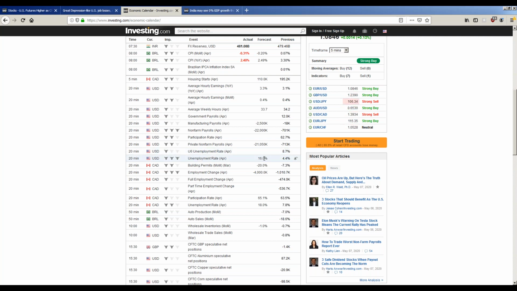And some say the truth of it could be much higher because, as I was saying, unemployment claims, a lot of them maybe haven't been processed. So even if the number comes in at 16%, maybe the true number is still much higher than that. Some estimates say 20 to 30% of the population is unemployed, and it makes sense.